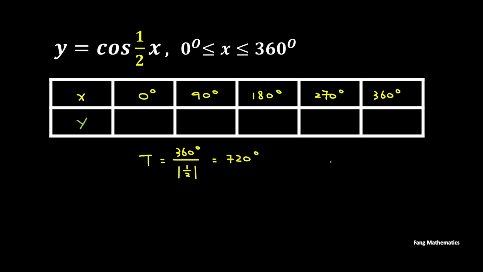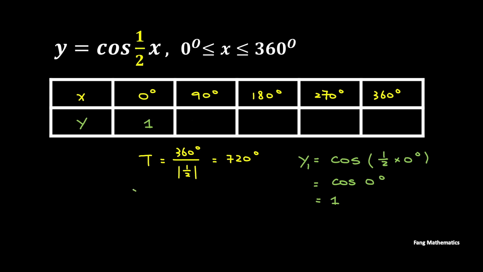Let's start from 0 degrees. We have the function y is equal to cos half x. In place of x, you are to put 0 degrees, and half times 0 degrees should give you 0 degrees. So cos 0 degrees should give you 1.